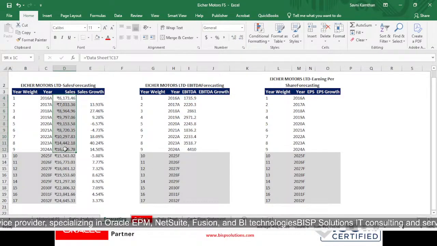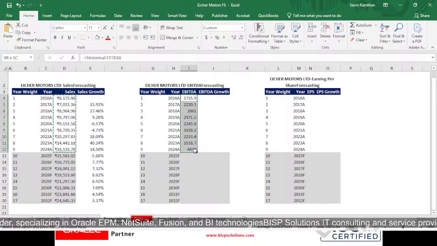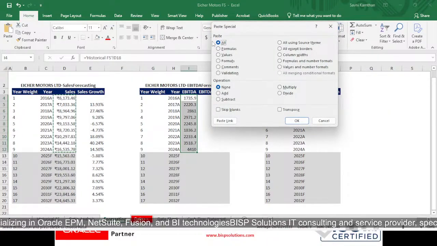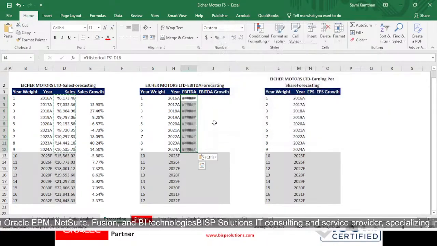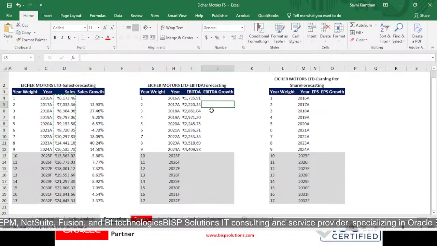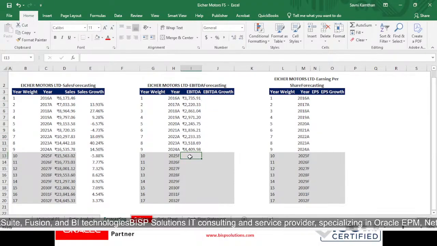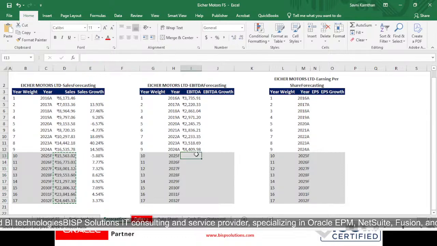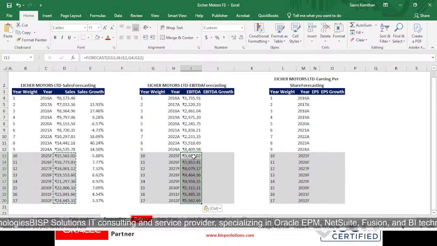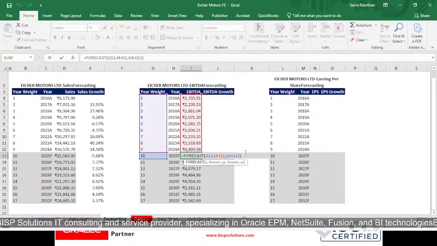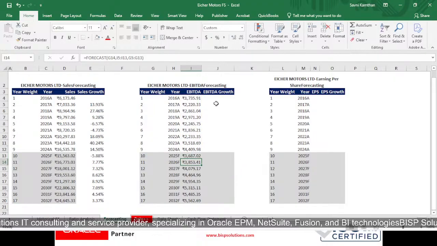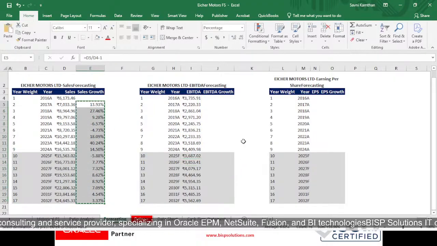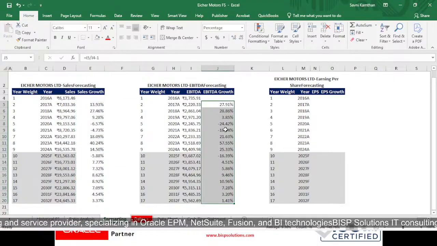Same formatting will be done for this place also. We want only formats to be copied, so yeah, again the same formula will be applied over here also, so just for checking, right? And same formula will be applied here also.